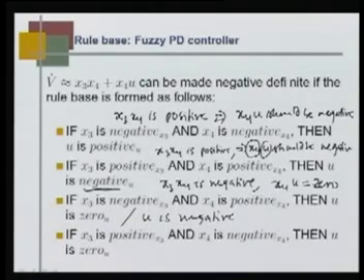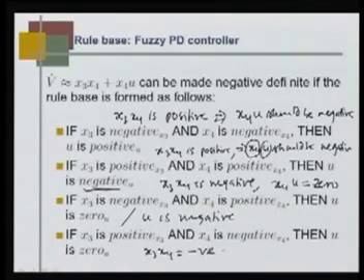Similarly, if x3 is positive and x4 is negative, then again x3 x4 is negative.